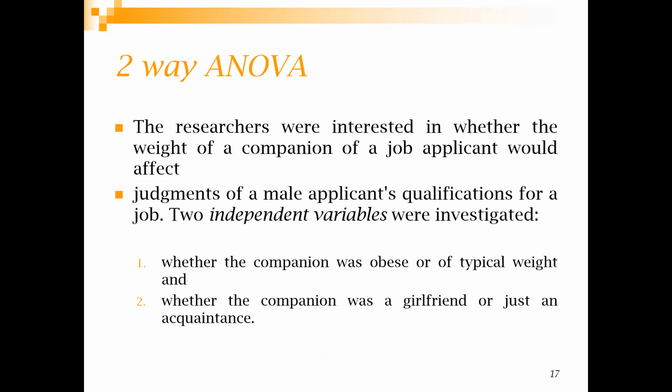An applicant is going to an interviewer, and whether he has a companion or not, whether the companion was obese or had typical weight, whether the companion was his or her girlfriend or just an acquaintance. This is again a famous case study, and the data is available. Here, as there is more than one categorical variable, you apply two-way ANOVA.